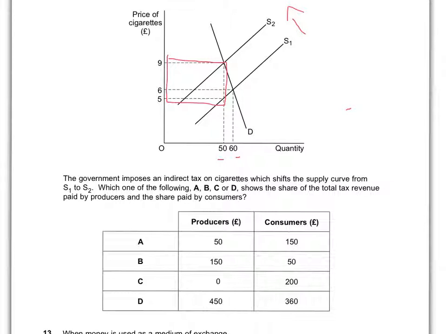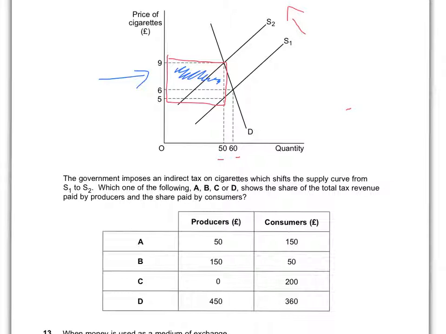but it's the consumer that experiences the biggest increase in the price. So this smaller rectangle, which I'm trying to shade in blue, is the amount that the consumer will pay. So how do we use the numbers?